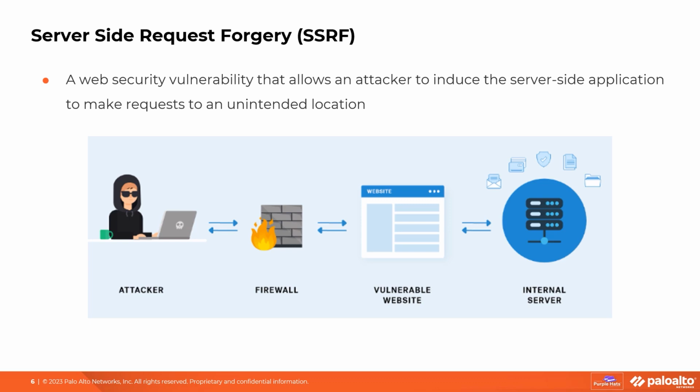First, I'd like to do a quick recap of what an SSRF vulnerability is. It's a server-side request forgery. Basically, the attacker is capable of using an application on the server to make requests that it is not supposed to be doing.